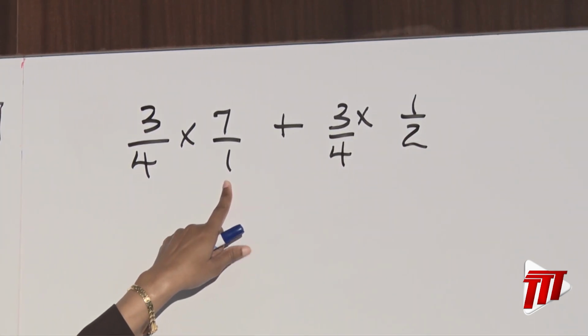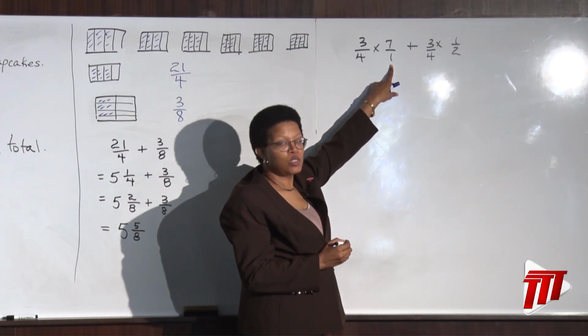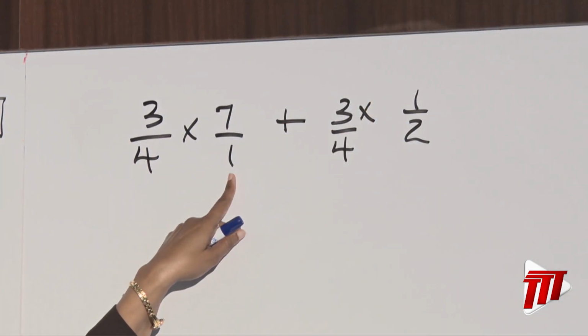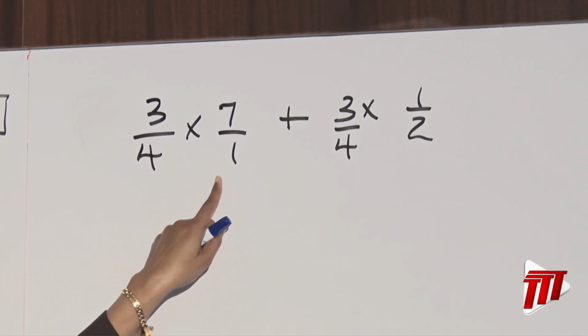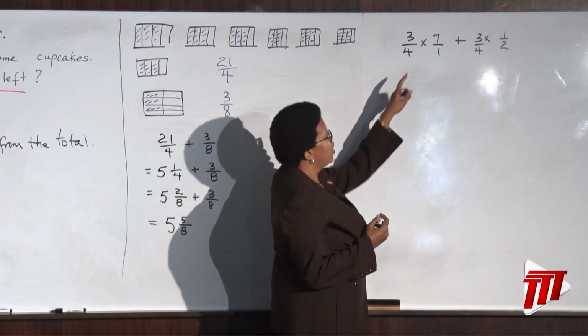I can write 7 as 7 over 1. When we're naming our fractions, we look at the value in the denominator. 1 tells us we are dealing with 7 wholes. We need 3/4 by 7 wholes added to 3/4 by 1/2.